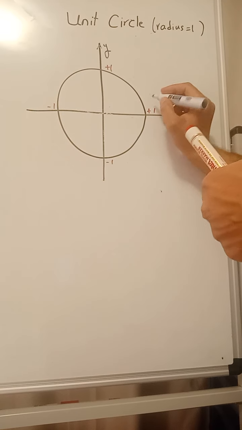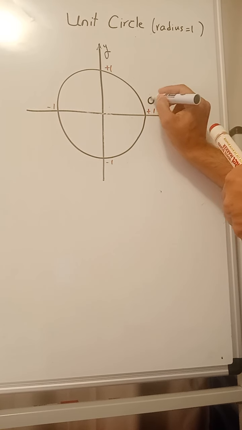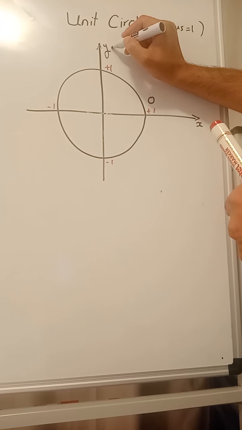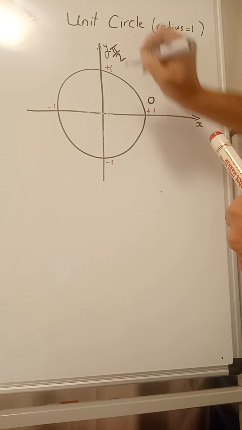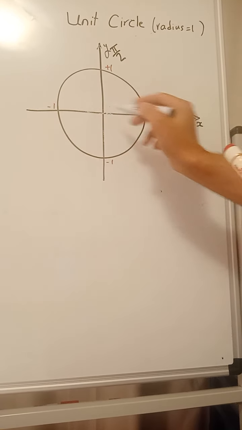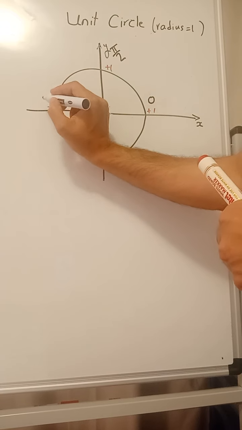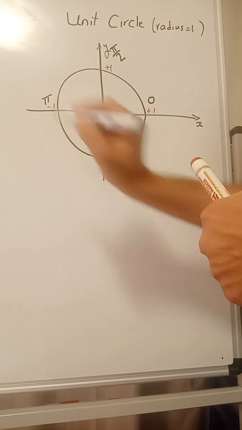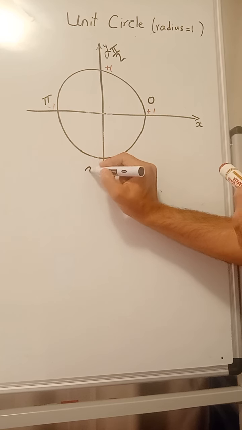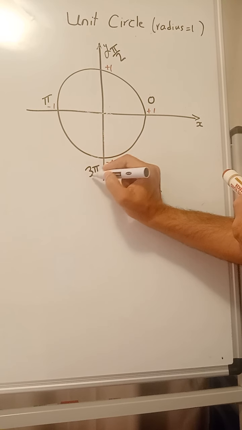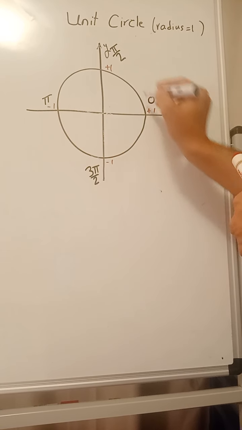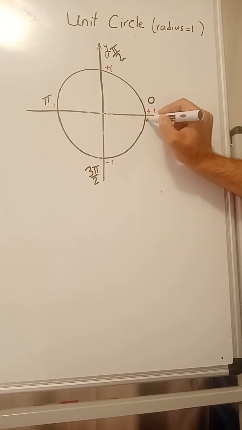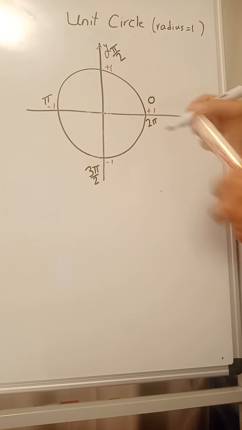So the angle here is 0, but now I'm going to talk in radians. 0, 90 means pi on 2. Here it was 180, which is same as pi in radians, and this is 3 pi on 2, and a complete circle it makes 2 pi here.